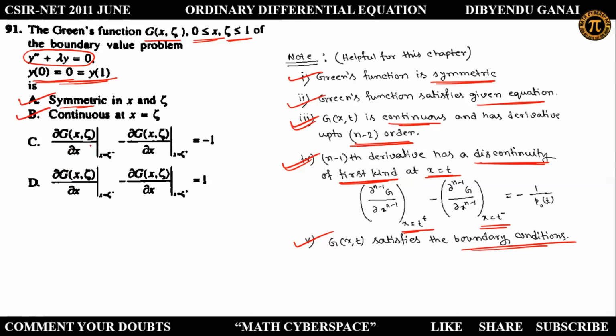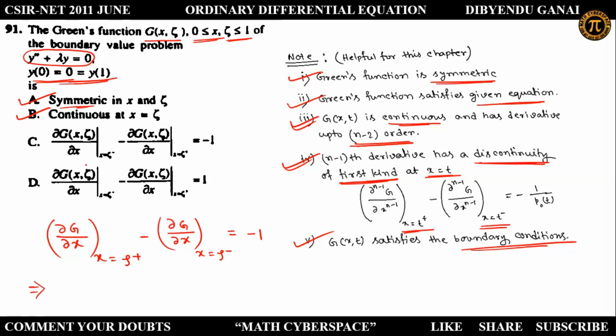Option C, we have to check this option. According to property 4, we have del G del x at x equals zeta plus, minus at x equals zeta minus, equals minus 1, because in this equation p0(t) equals 1.